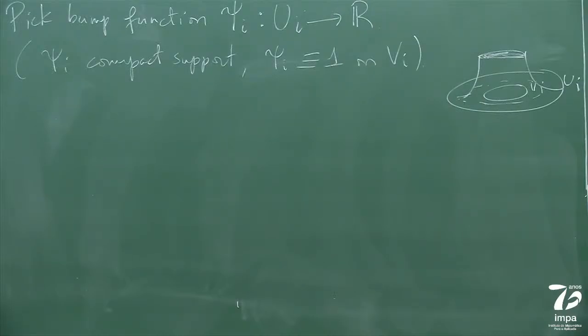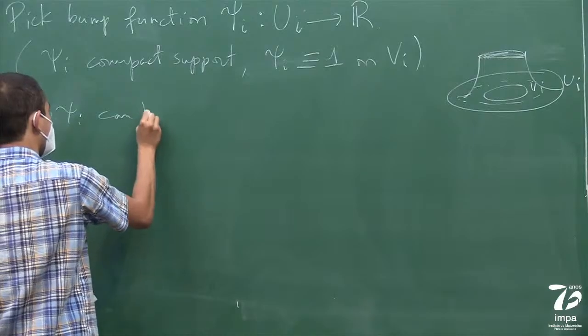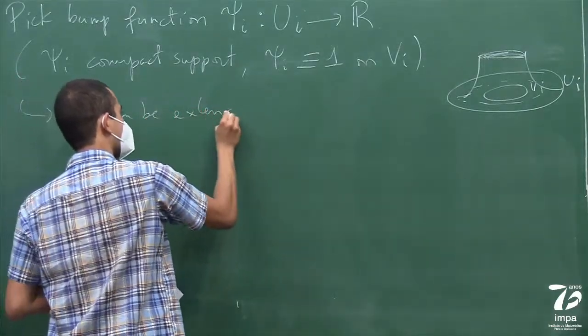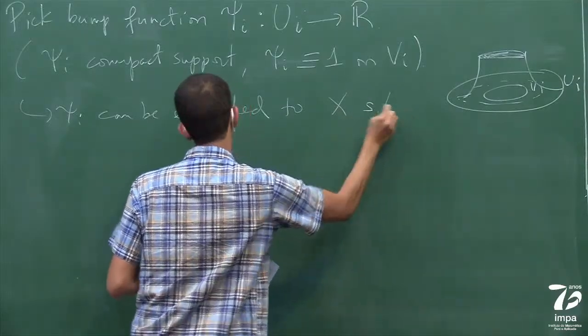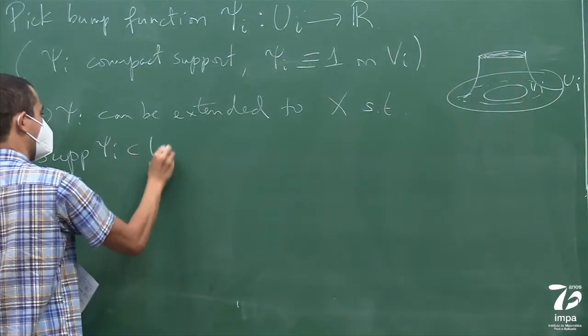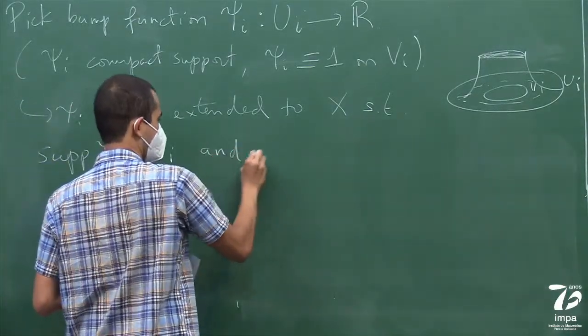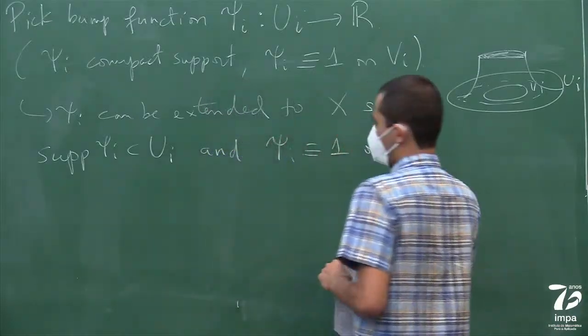If you do that, you can extend psi_i to a function on all of the manifold X, in such a way that the support of psi_i is contained in U_i, and psi_i is equal to 1 on V_i.